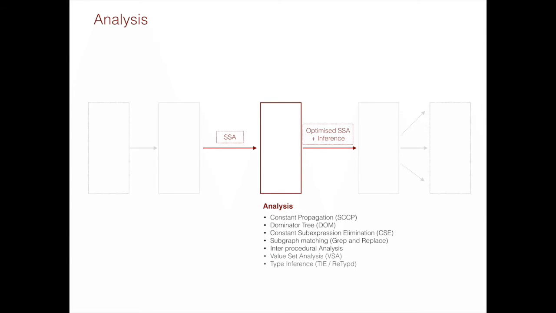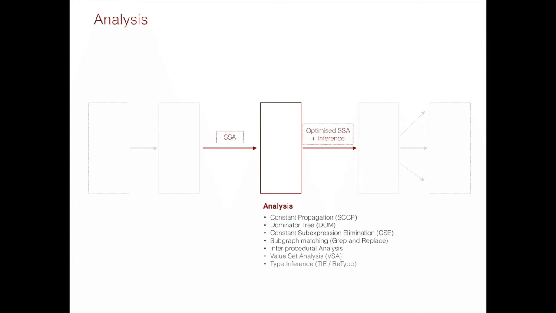It simultaneously removes dead code and propagates constants. Traditionally, you have a constant propagation phase followed by dead code elimination, and then you alternate between these two to achieve the best output. But SCCP combines these two into a single phase to do a better job at propagating constants.